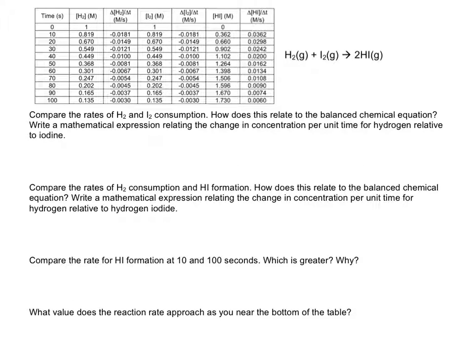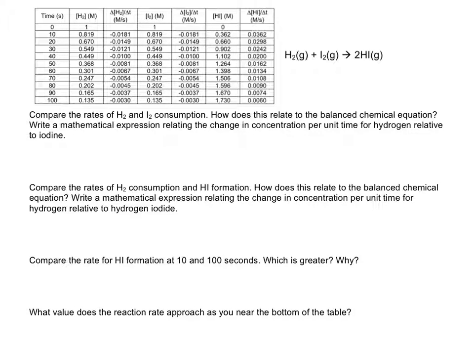Okay, so this is just that same table. I just shrunk it so that we could fit it onto the slide here. So if we compare the rates of H2 and I2 consumption, you can see that they are the same. So we drop from 1 to 0.819 to 0.67 in both cases and the whole way down.